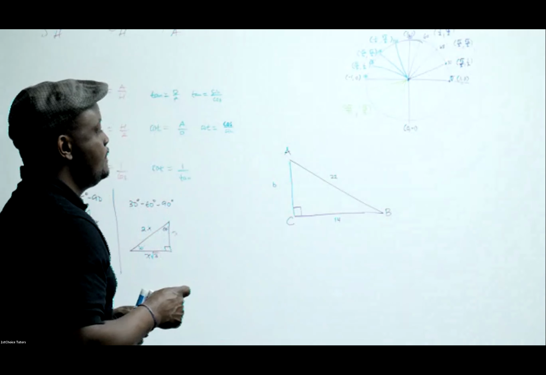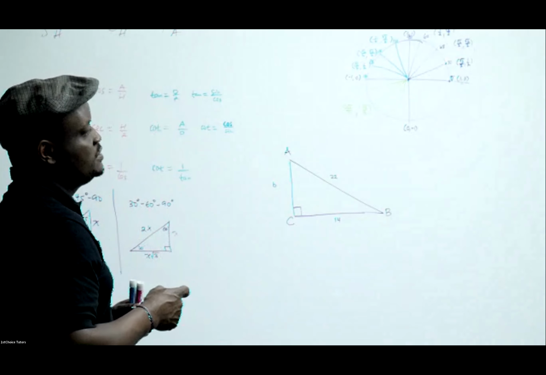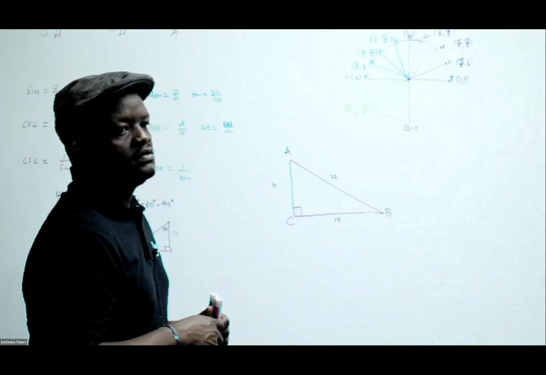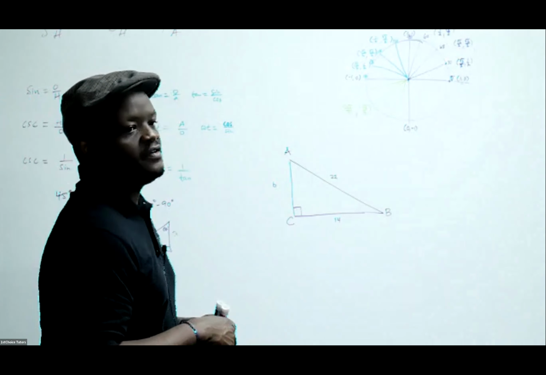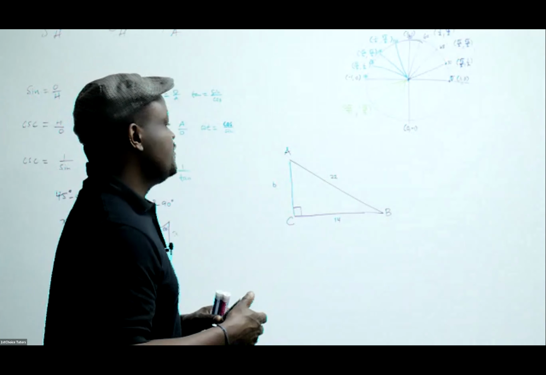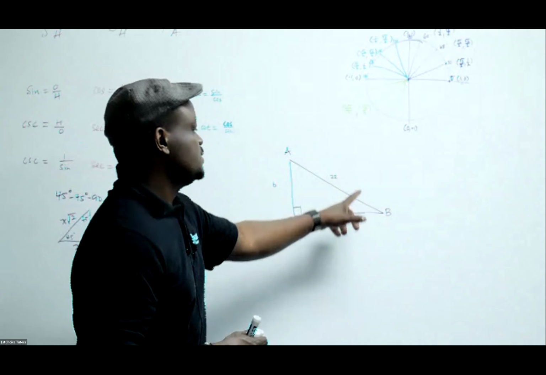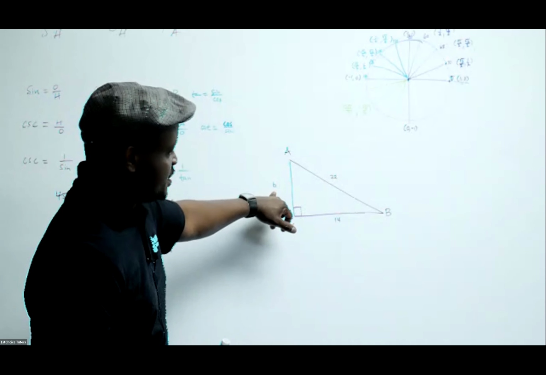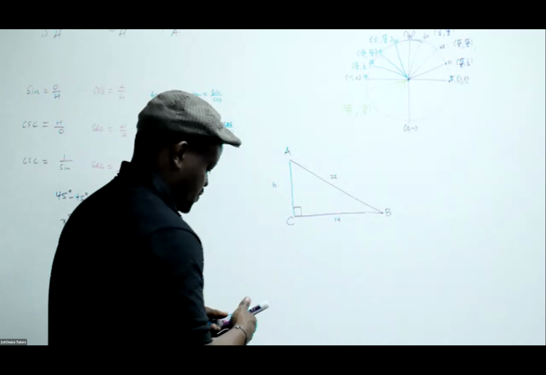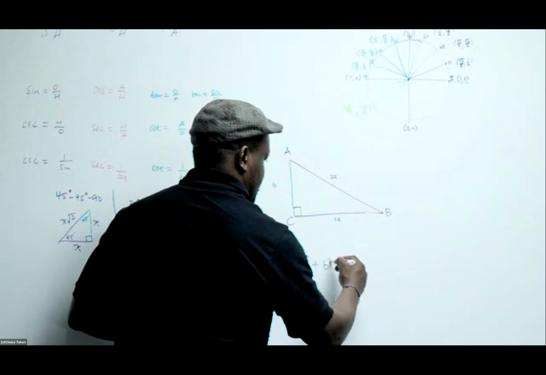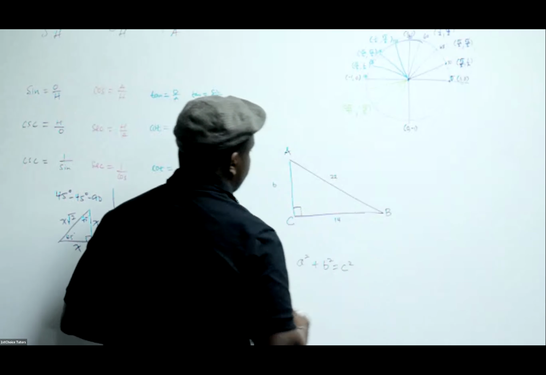Pythagorean theorem, a squared plus b squared equals c squared. If you have a right triangle and you know 2 sides, finding the third one is just a matter of using the Pythagorean theorem. So you would say a squared plus b squared equals c squared.